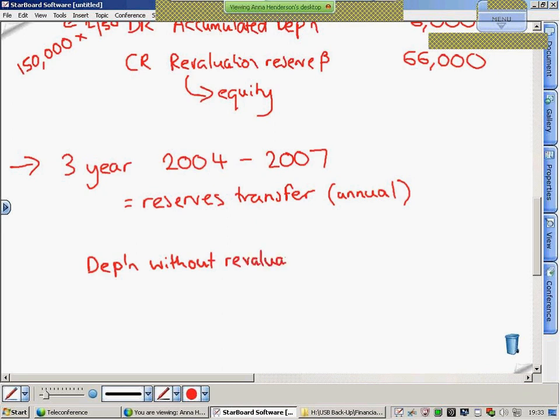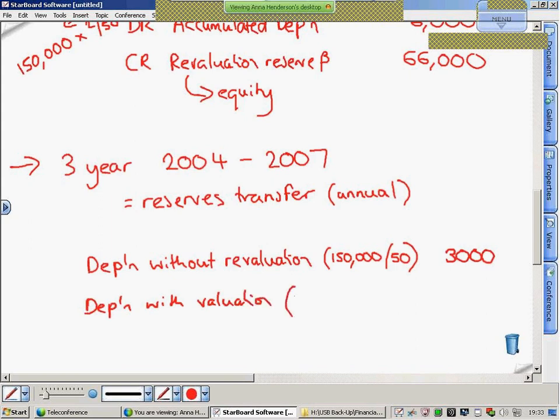So the depreciation would have been 150,000 divided by 50 years, as we saw noted above. As previously, it shot up to 210,000 and remaining useful life at that date of 48 years.